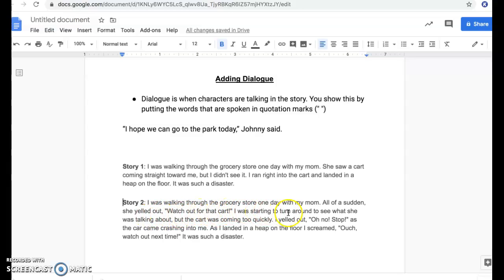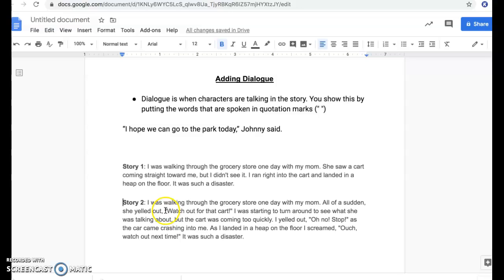I was starting to turn around to see what she was talking about, but the cart was coming too quickly. I yelled out, "Oh no, stop!" as the cart came crashing into me. As I landed in a heap on the floor, I screamed, "Ouch! Watch out next time." It was such a disaster.